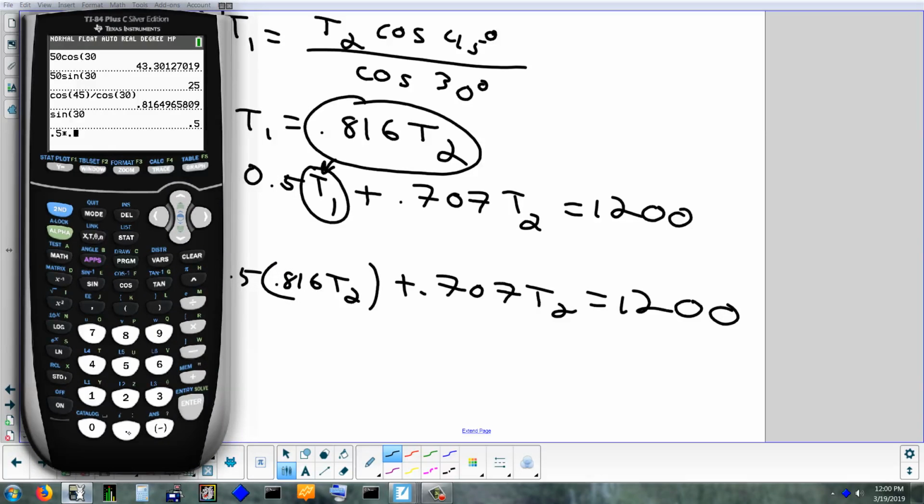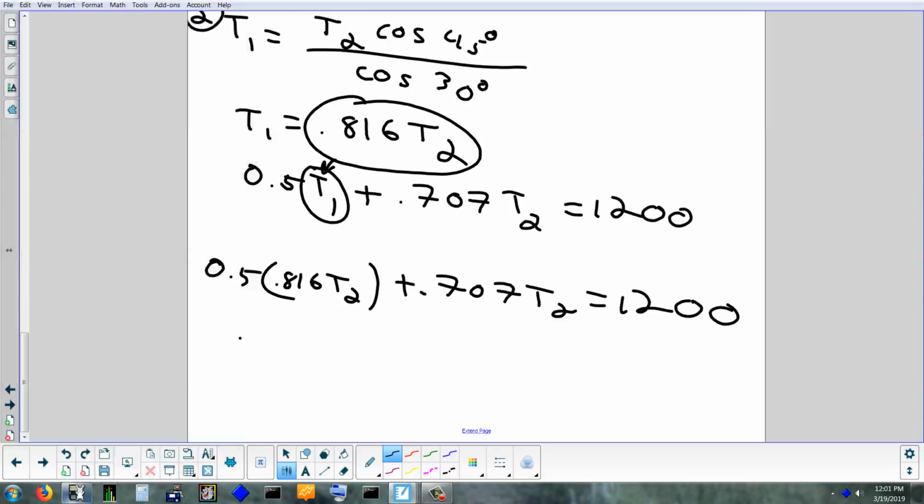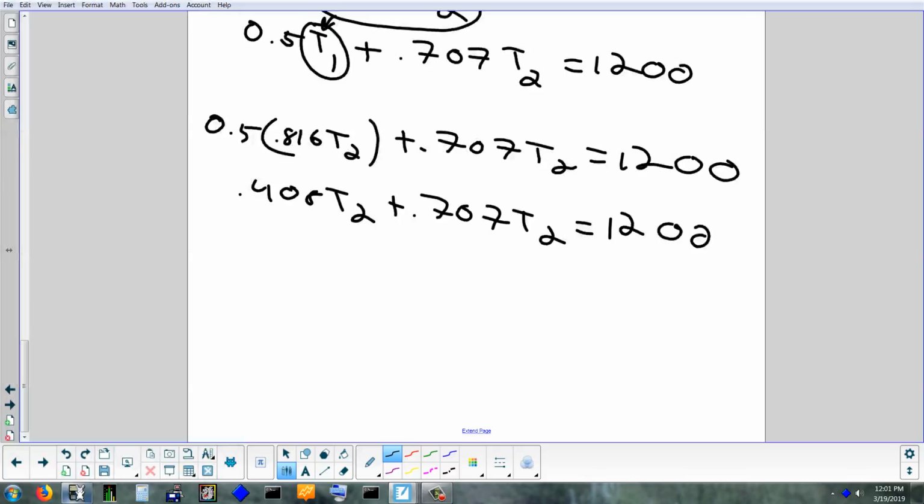0.5 times 0.816 is 0.408. So 0.408 T2 plus 0.707 T2 equals 1200. Now, what can I do on the left-hand side? Add like terms.